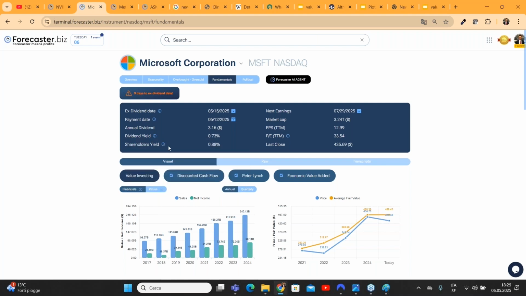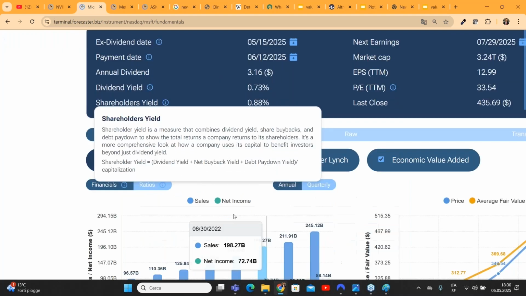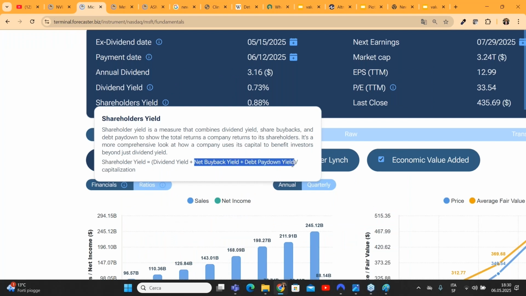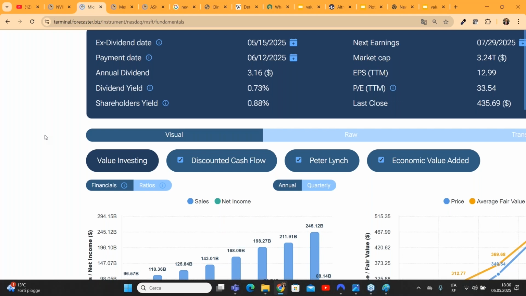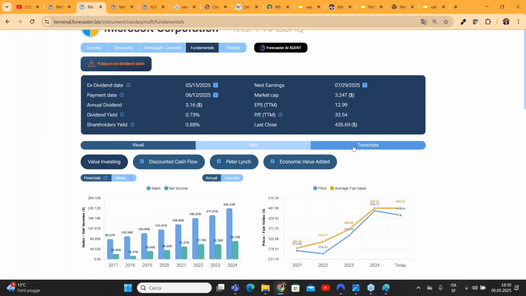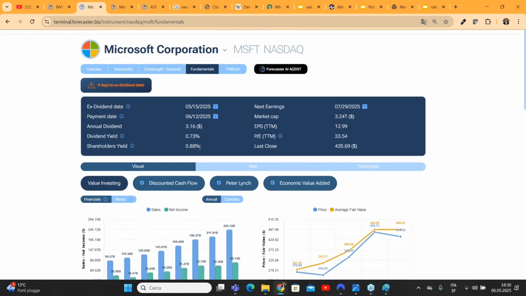Shareholder yield is very interesting because you add to the dividend yield the net buyback yield and the debt pay down yield. It's very interesting because especially if you're looking at a company to invest in for the long run, you really understand, thanks to the shareholder yield, where the dividend is coming from, okay?